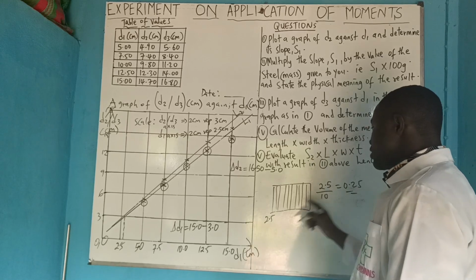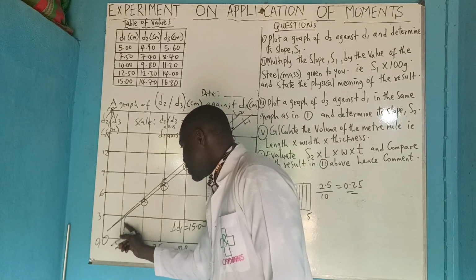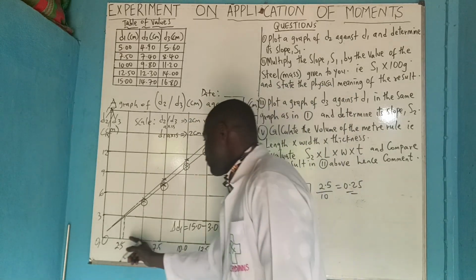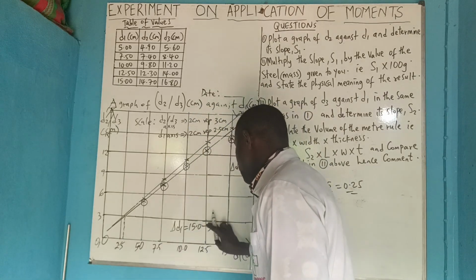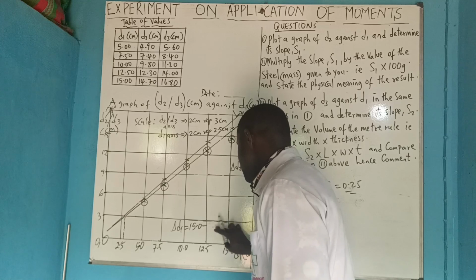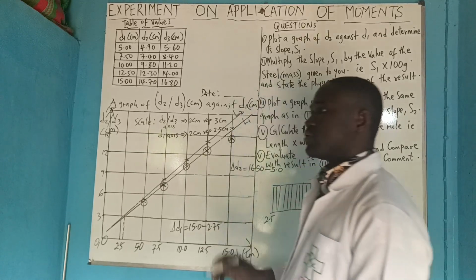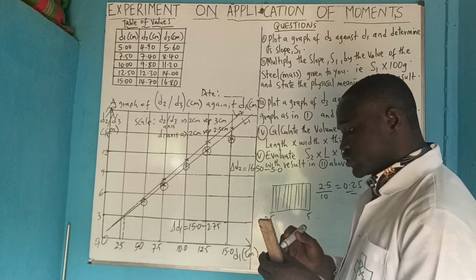So each of these bars is 0.25. So we'll use 2.75.